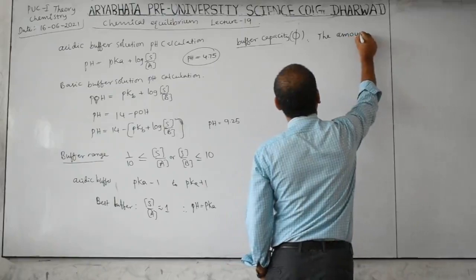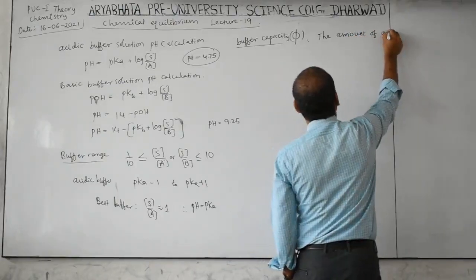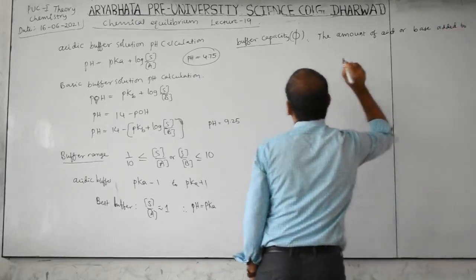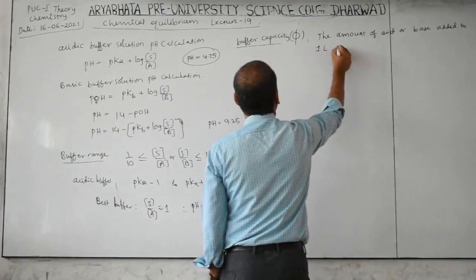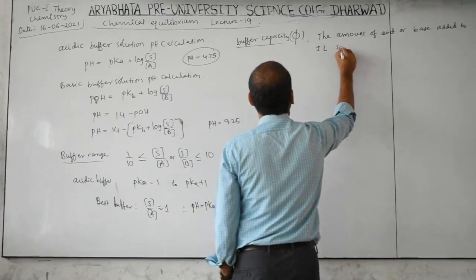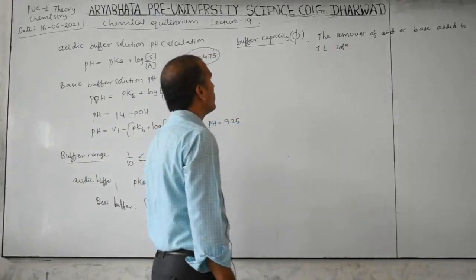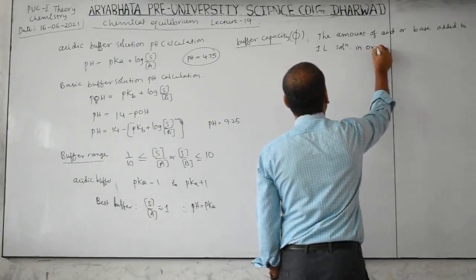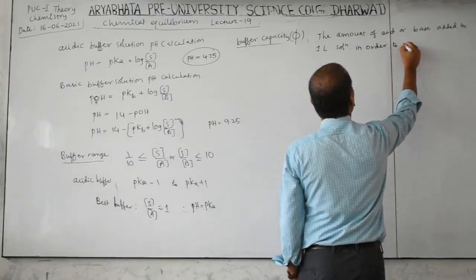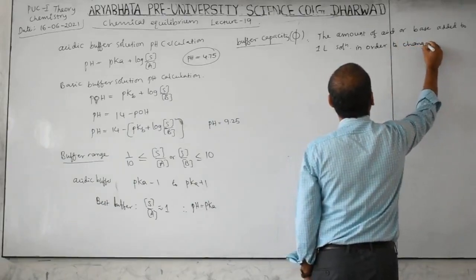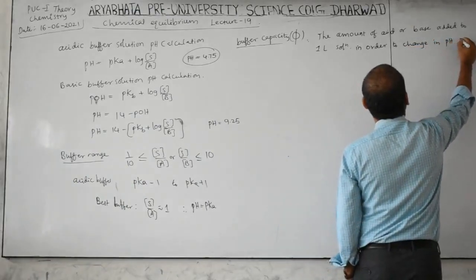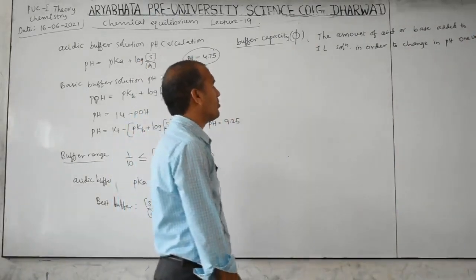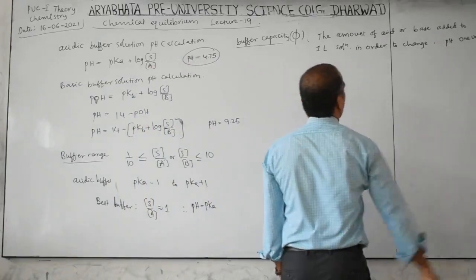The amount of acid or base added to 1 liter of solution in order to change the pH by 1 unit.